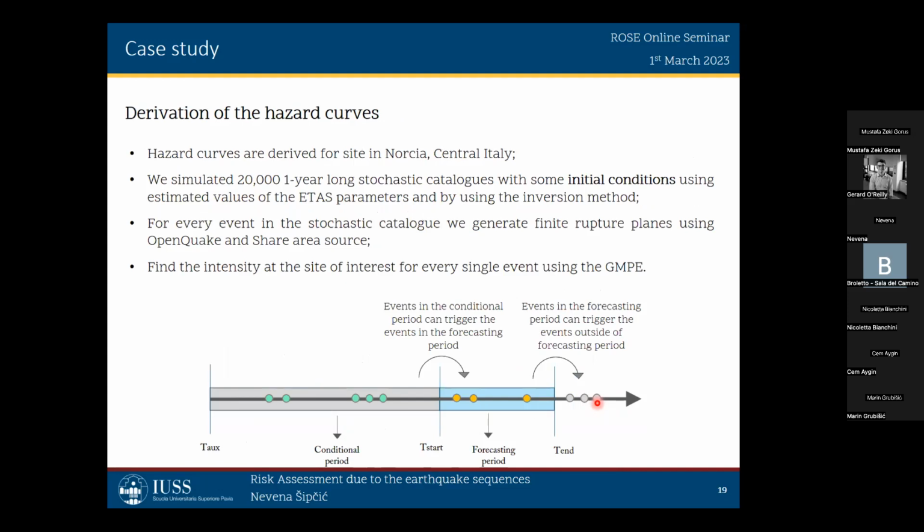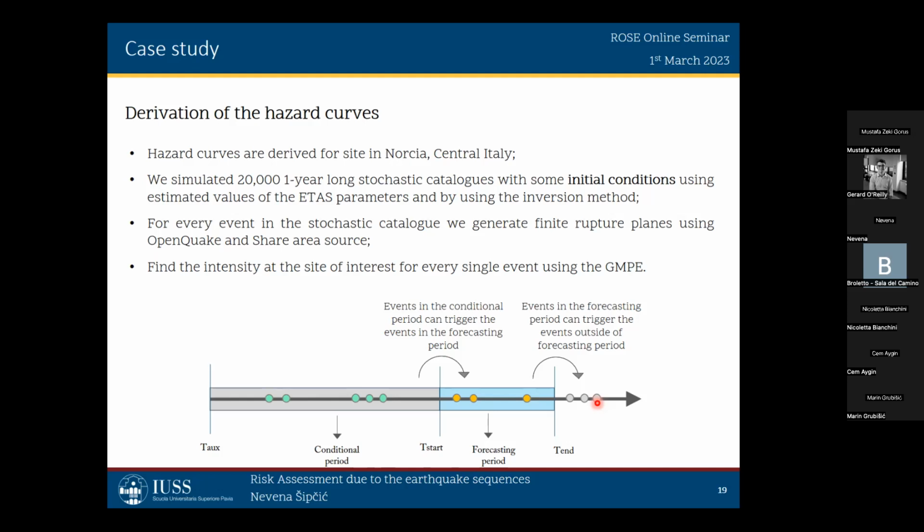Basically, for every event in the stochastic catalog, we generate finite rupture planes by using OpenQuake and using the SHARE area source from 2013, I think. And then we find the intensity at the site of our interest, so in Norcia, for every single event in the stochastic catalog using the GMPEs.